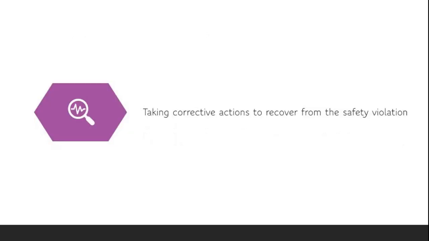The most sophisticated part of safety monitoring is taking corrective actions to recover from a safety violation, and this is a factor that determines the intelligence of the machine to perform some advanced strategy.